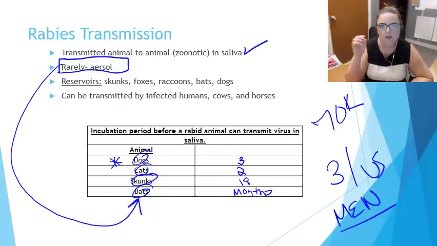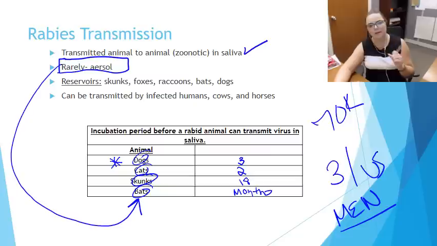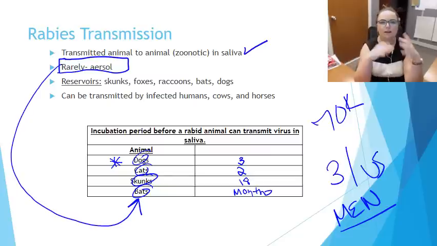Now, once a human contracts rabies, they also become transmitters. And the same can be said for cows and horses. We don't really think about a rabid cow all that often, but they can be kind of secondary transmitters to us. So think about it. If you're a farmer, cows are a main source of income for you.